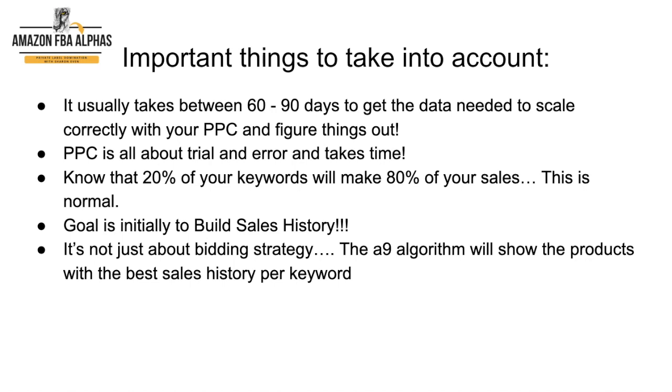It doesn't matter if you bid, let's say you're selling a gold eye mask and Amazon is giving you the high suggested bid of $2 and you decide to put in $4 and you even put in 200% placement. It doesn't matter if you're not converting for that specific keyword at all. Amazon's not going to show you anywhere on page 1. Okay, they might show you on like page 200. So sales history is really important with Amazon. Okay, and that's what we're going to be building up.